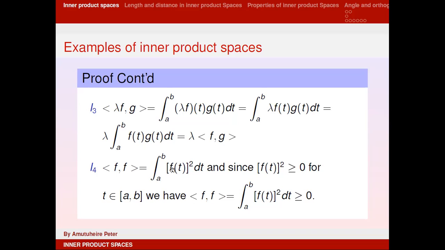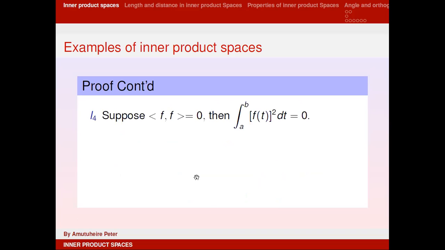Next, I4. It is the inner product of the same element, f with f. So it is the integral of f(t) times f(t), which is f squared, dt. Since f squared, once we square, will always be greater than or equal to 0 for any value of t in that interval. Now, for I4, we need to check that the only way this can be 0 is when f is the zero function.